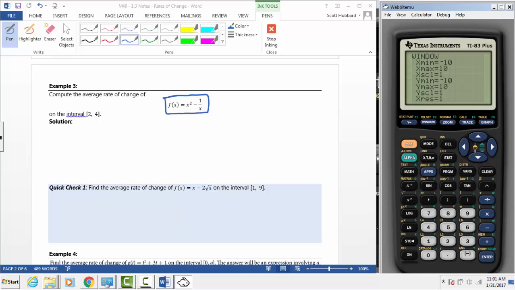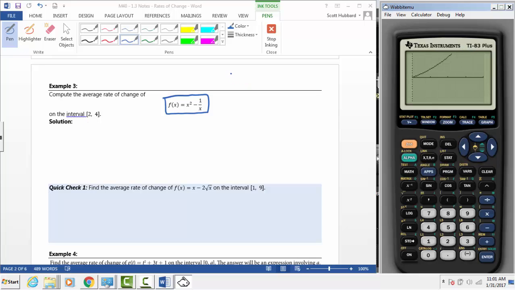Now the thing is, we only wanted from 2 to 4. So I can change the window to be like 1 to 5. And so we're looking at this part of the graph from 2 to 4, which is here to here. And so we just want to take a look at that graph and find the average rate of change. It's going to be pretty big.